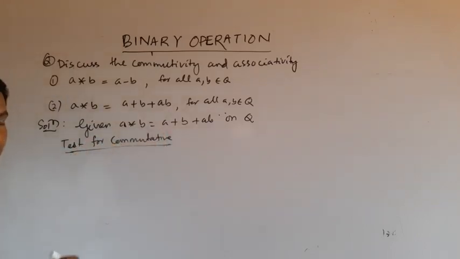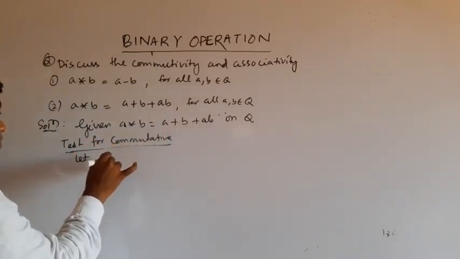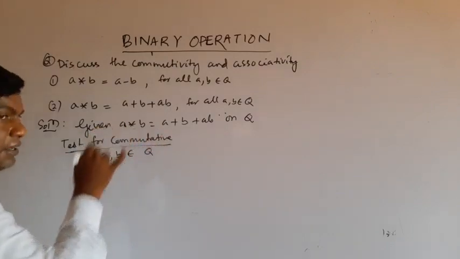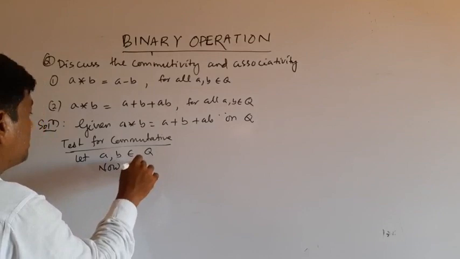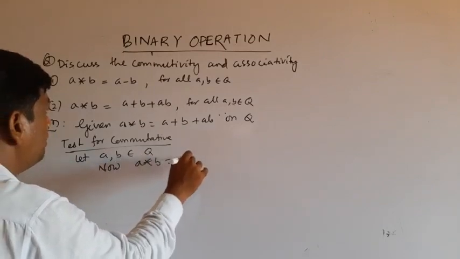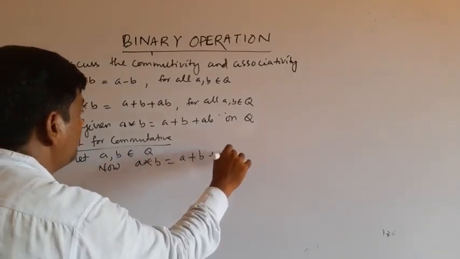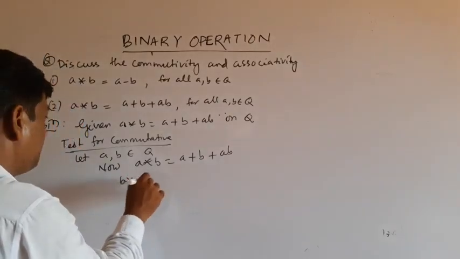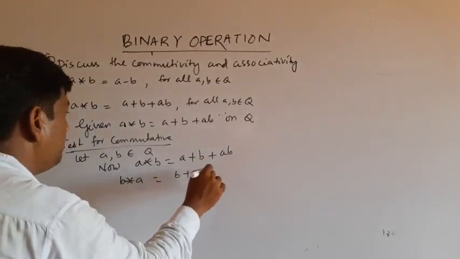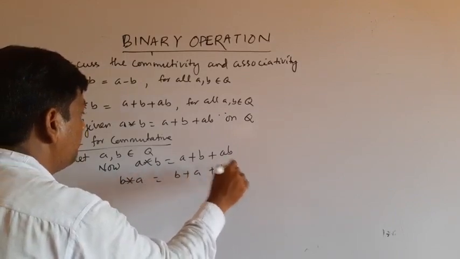Let a, b belong to the set of rational numbers Q. Now a star b is equal to a plus b plus ab. b star a is equal to b plus a plus ba.